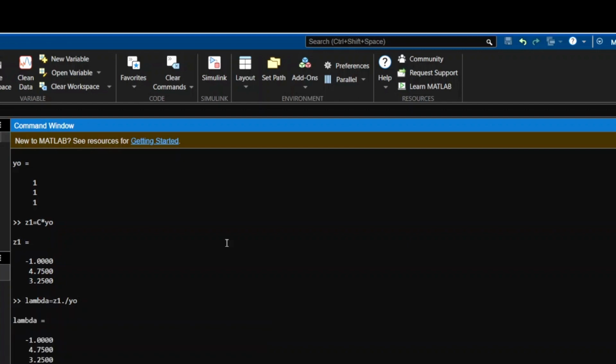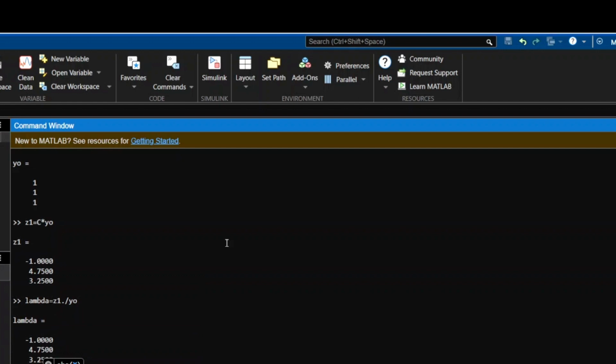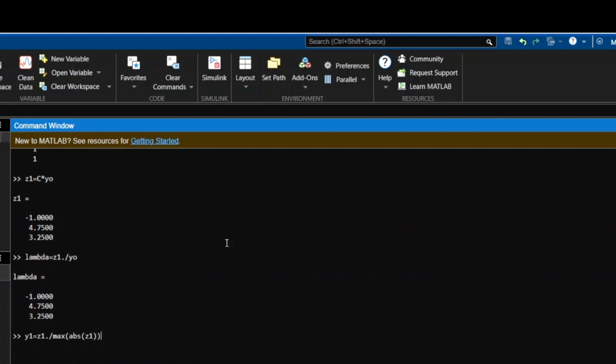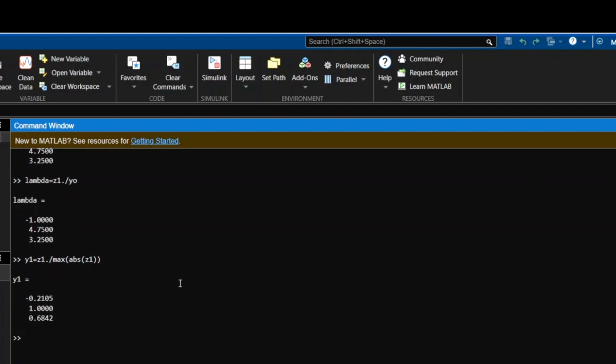So y1 will be Z1 divided by the max of the absolute value of Z1. Okay, now after defining y1, I have to define z2. So z2 will be C into y1.